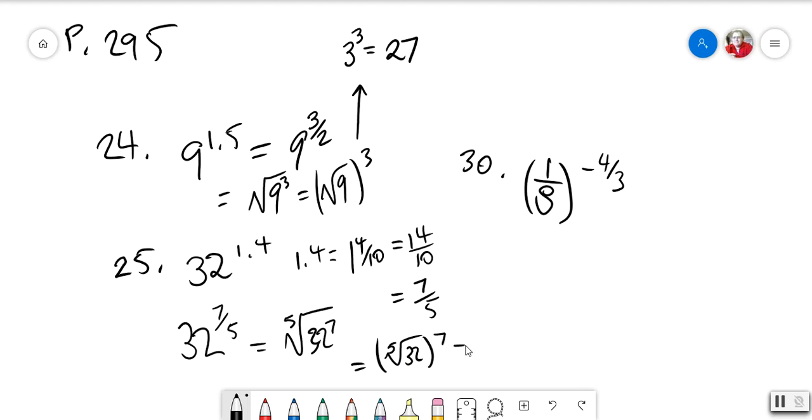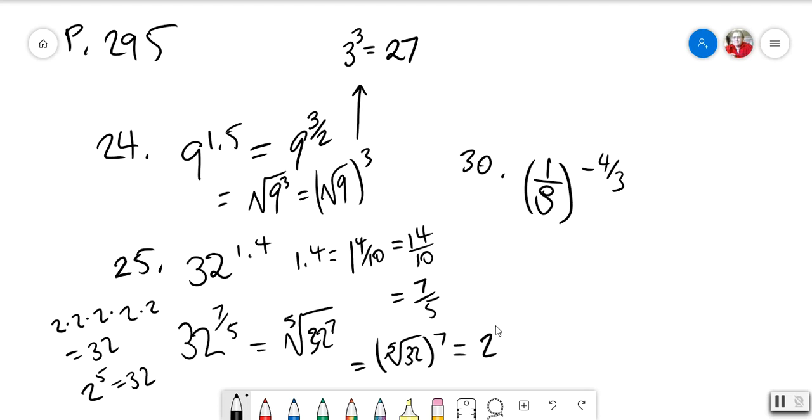to the 7th power. Well, 2 times 2 is 4 times 2 is 8 times 2 is 16 times 2 is 32. So 2 to the 5th is 32. So it's not too hard to figure out what the 5th root of 32 is. It's just 2.